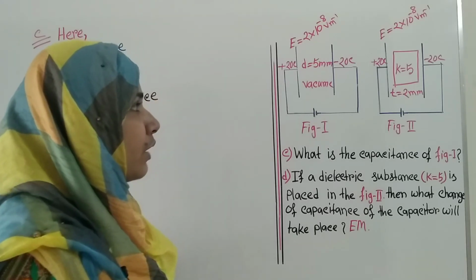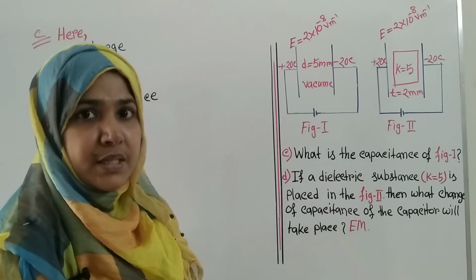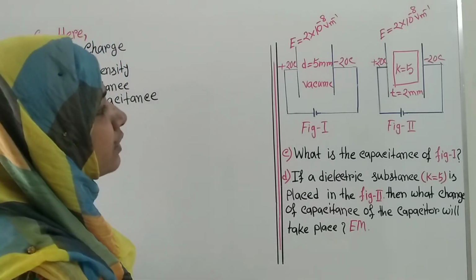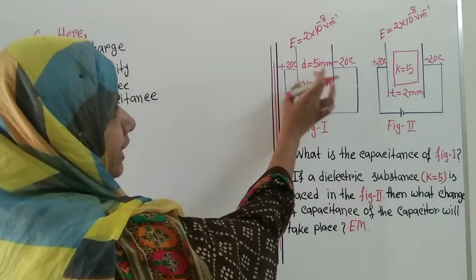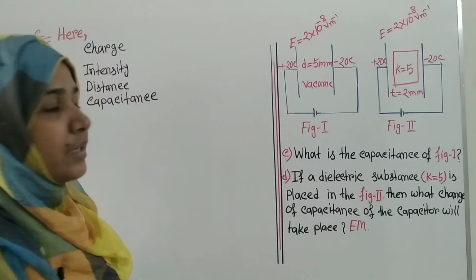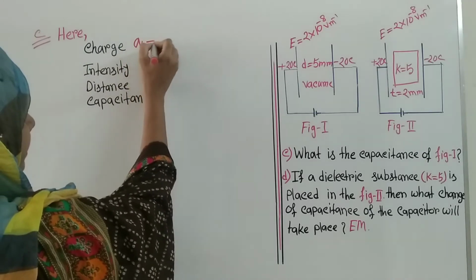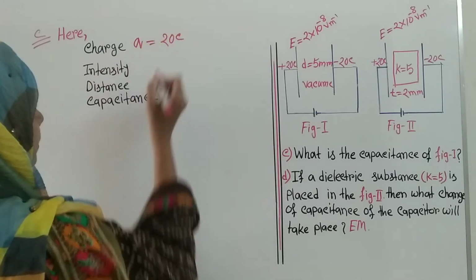So to solve this question, the given information is the charge of the parallel plate, that is Q, given here as 20 coulomb.